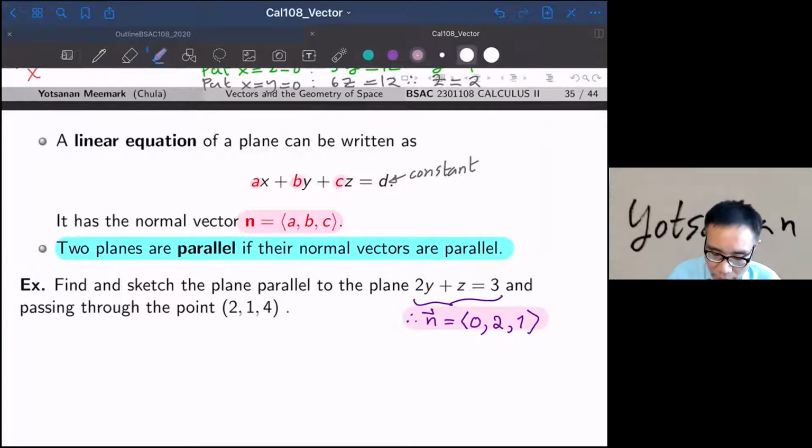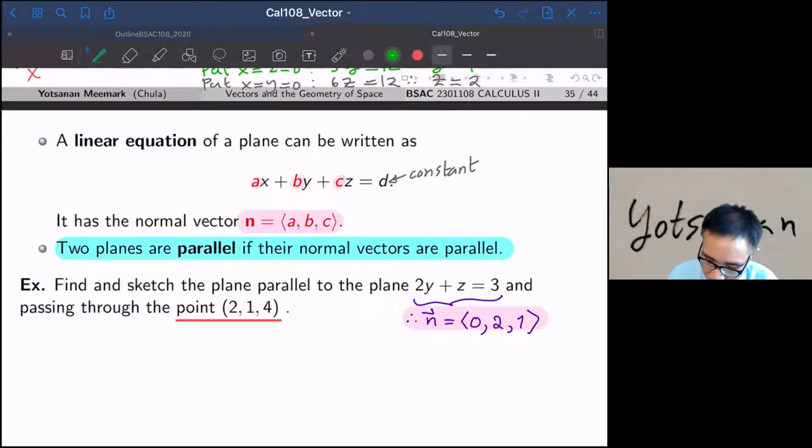However, the point that you have here is going to be different. So the point that you are having here is (2, 1, 4), and you have the normal vector turn out to be (0, 2, 1). So we're going to compute the equation of the plane.